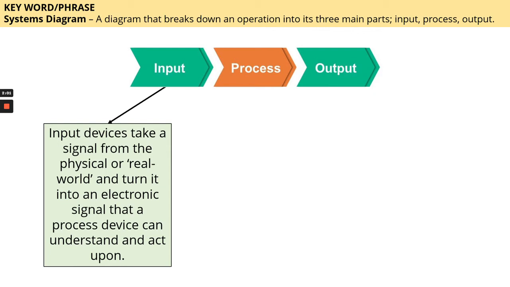It could be the pressure of a weight on a pressure pad. It could be the temperature increasing or decreasing. So it's something in the real world that changes. The input device will take that and create an electronic signal which is sent to a process device.